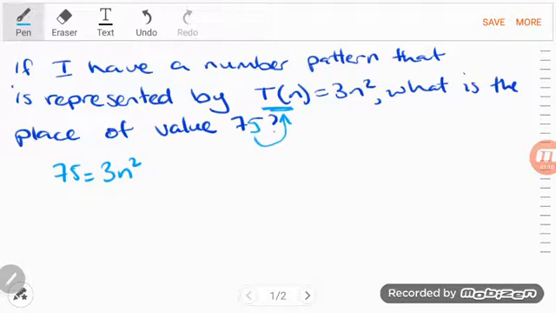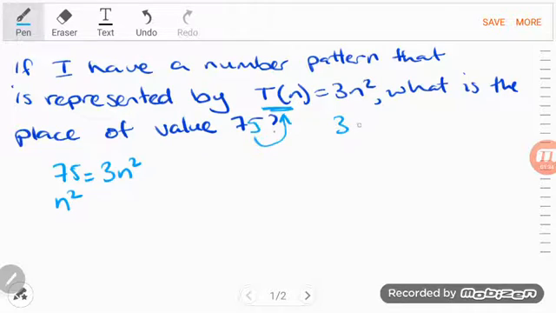So we need to work backwards. If we multiplied by 3, we need to do the opposite of multiply. The opposite of multiply is divide. So we're going to say n squared, because 3 times n squared divide by 3 is going to equal n squared.